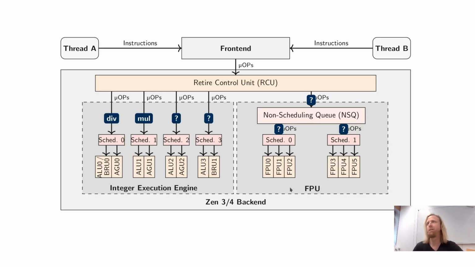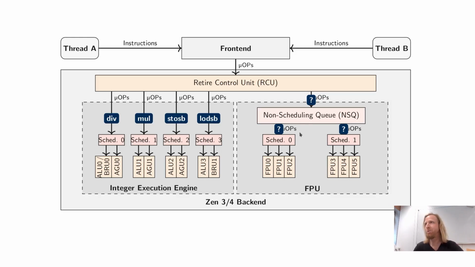What did we figure out in the end? Well, okay, there are priming instructions for scheduler 2 of the integer execution unit, which is the store SB instruction. And similar for scheduler 3, there's also the load SB instruction that can be used to prime that scheduler.